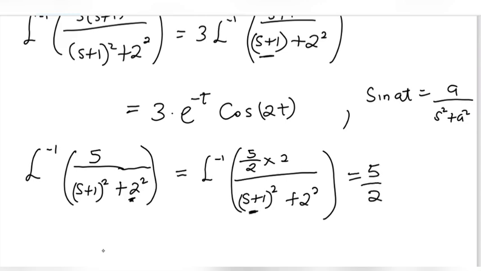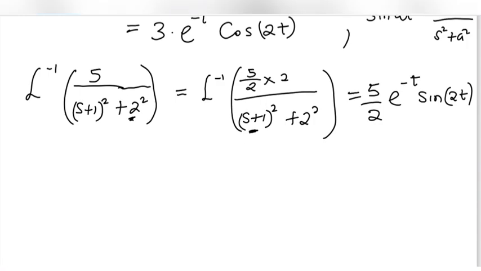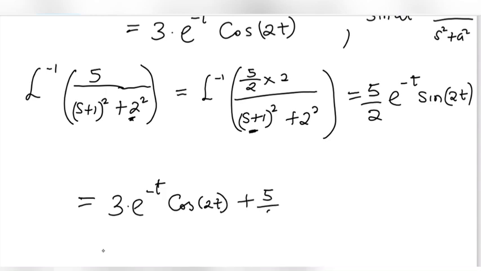Remember, this signified an exponential negative t. Exponential negative t, then sine 2t. Alright guys, and then the entire expression, the inverse of the expression now, is 3e negative t cosine 2t plus 5 over 2 e negative t sine 2t.